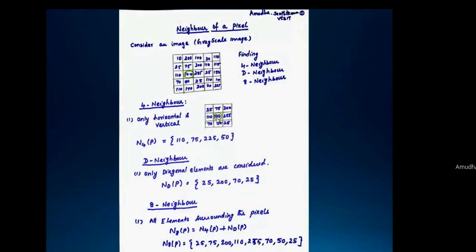These 8 elements are considered as 8 neighbors. So how to write them? N8 of P is equal to 25, 75, 200, 110, 255, 70, 50, 25. We should not write the pixel we are moving around. We want to find the neighbors of pixel P, so we should not consider 100 at that time.